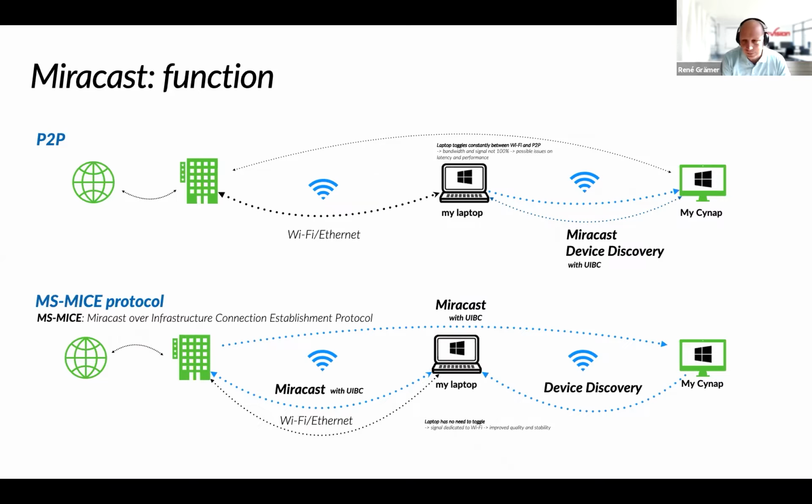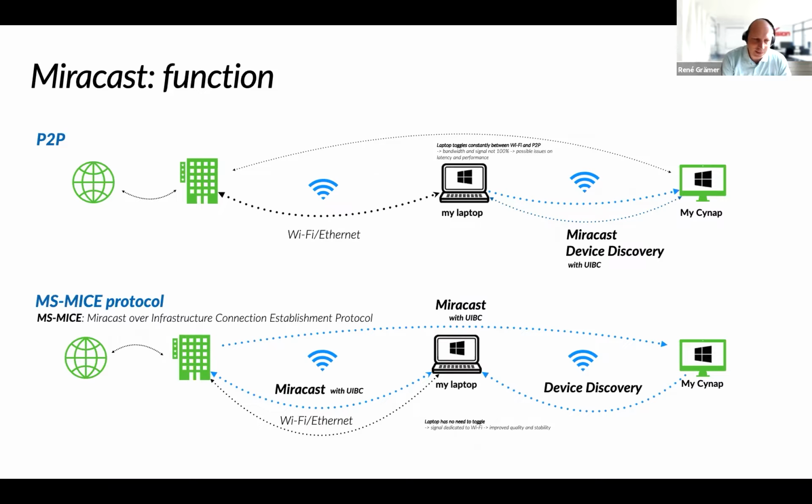Also, with device discovery on Wi-Fi, the rules of peer-to-peer wireless Miracast still apply to the device discovery on MS-MICE as well. That means 7.5 meter distance max for device discovery.